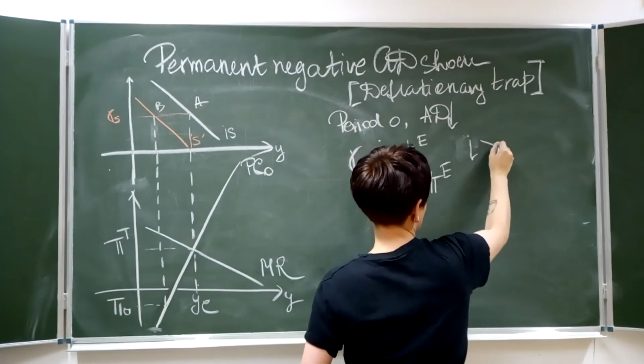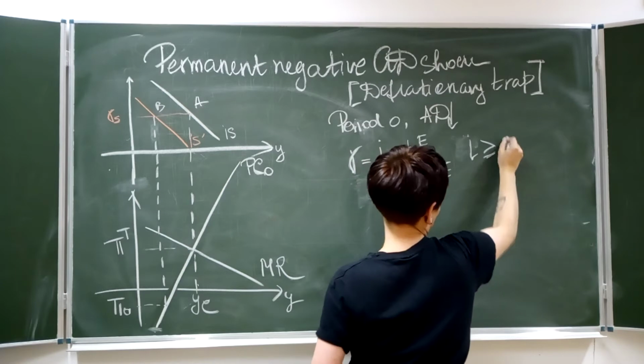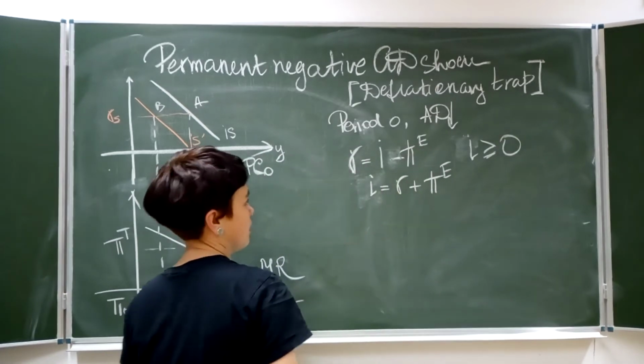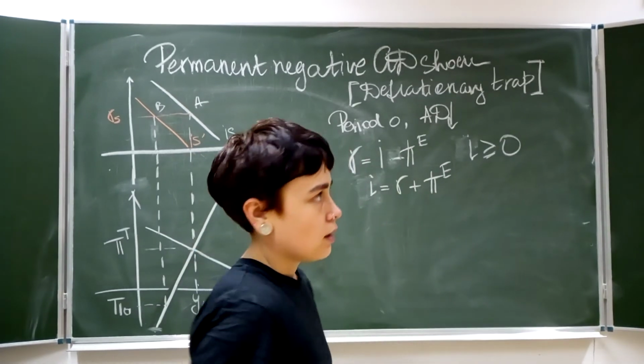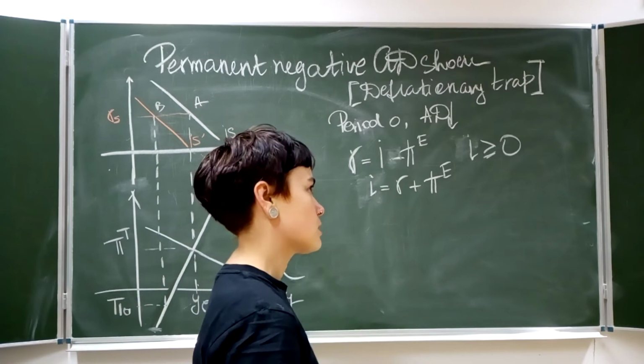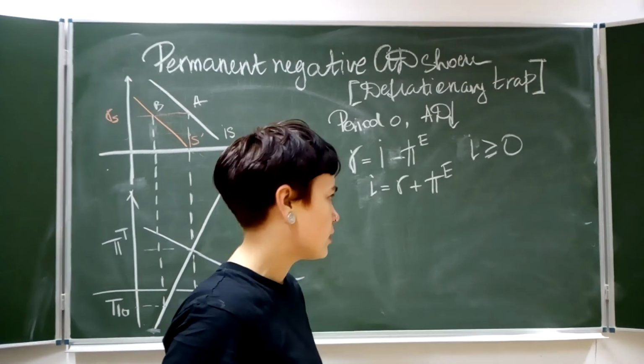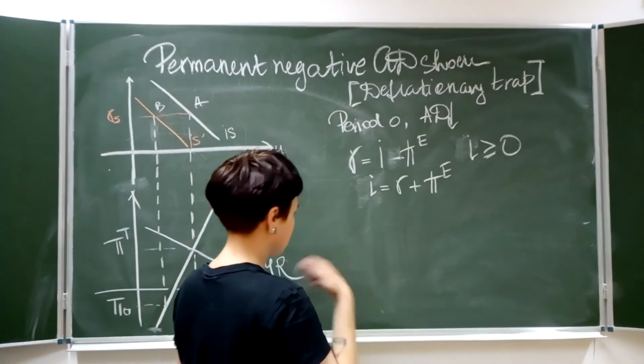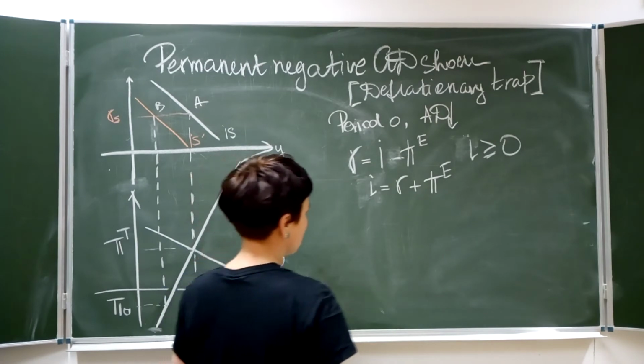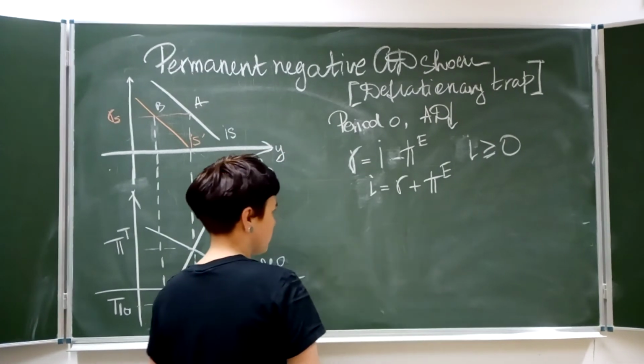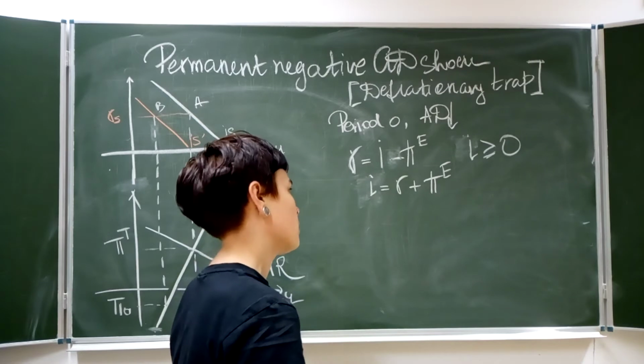The nominal interest rate has to be equal to 0 or higher than 0, otherwise it makes no sense, I believe. Even if it's equal to 0, then we have a negative real interest rate, which is fine. However, the nominal interest rate cannot be lower than 0.